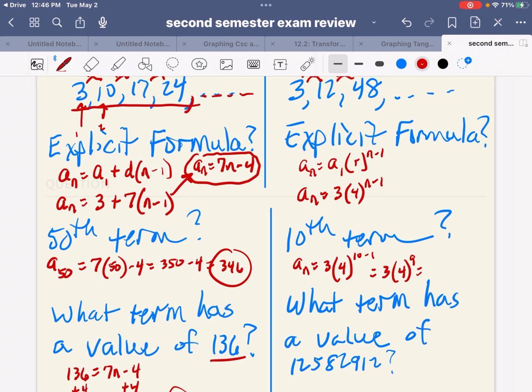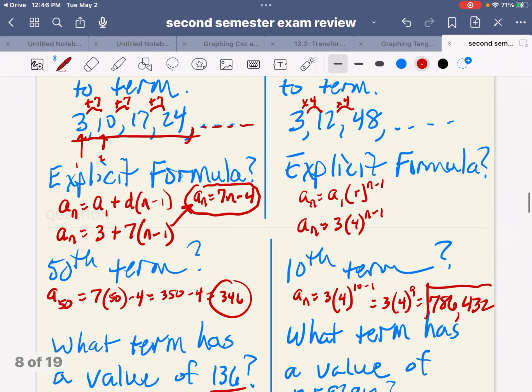Grabbing my calculator, 4 to the 9th power, but then times 3, 786,432 is the 10th term. That's pretty amazing. The first 3 terms are 3, 12, and 48. Just a few more terms out there, the 10th term is 786,432. Multiplying by 4 grows quickly.